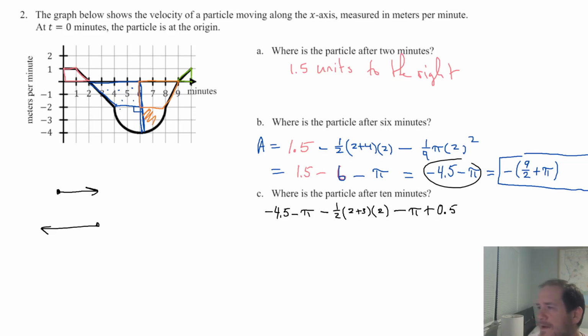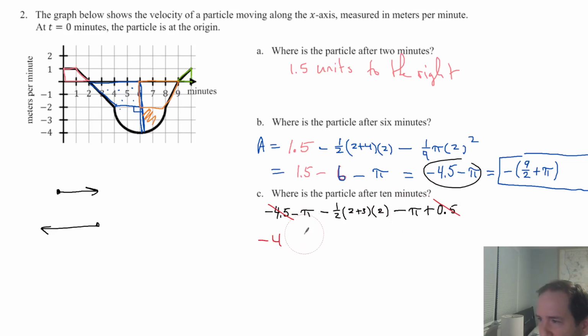And if we combine it all as neatly as we can, what do we get? Well, what is this trapezoid? It's 3, 4, 5. Half of 2 is 1, so that's 5. Then we're adding a 0.5 to the negative 4.5, so that's going to make negative 4.